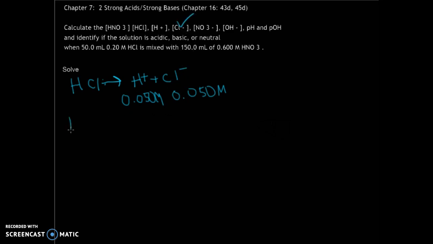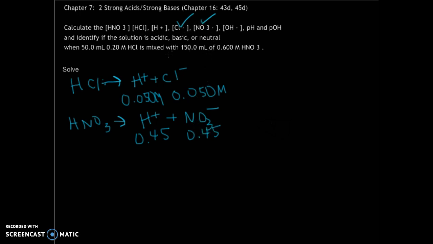And then for the HNO3, we said its concentration was 0.45 molar. So what does that mean? It's not really 0.45 molar of this, it's really 0.45 molar of the hydrogen ion and 0.45 molar of the nitrate ion. So look, we just got the molarity of the nitrate ion. So chloride ion concentration, 0.050 molar. Nitrate ion concentration, 0.45 molar.